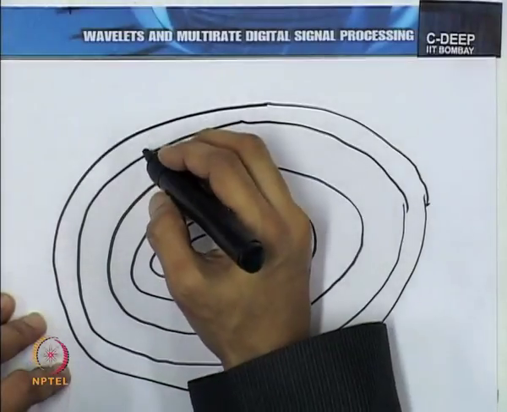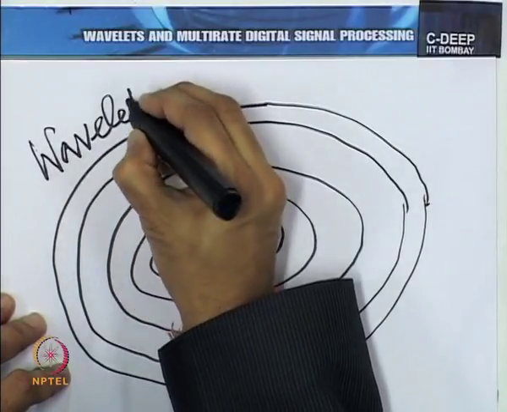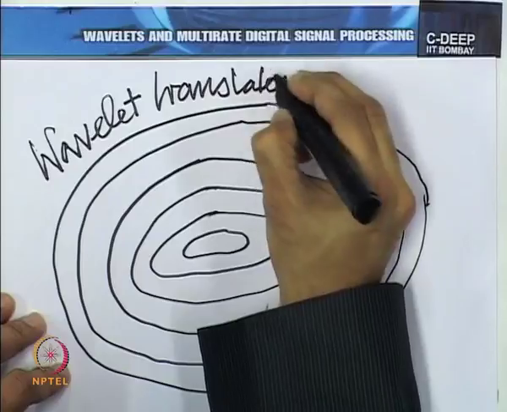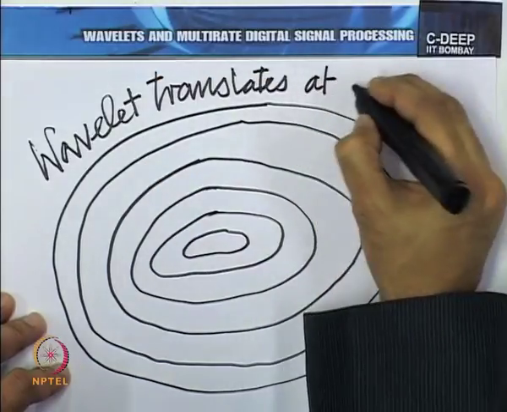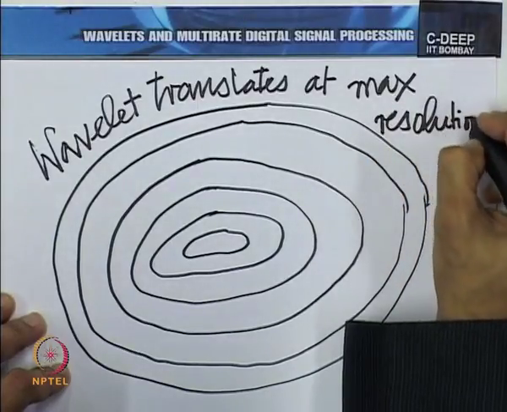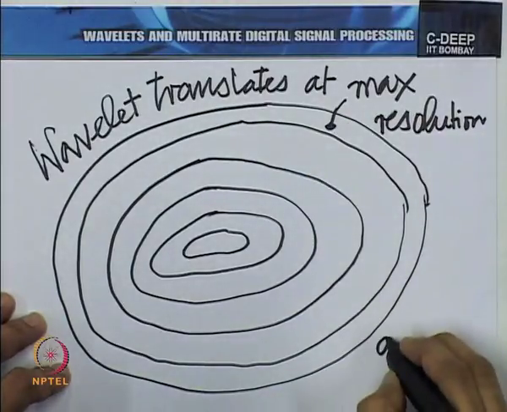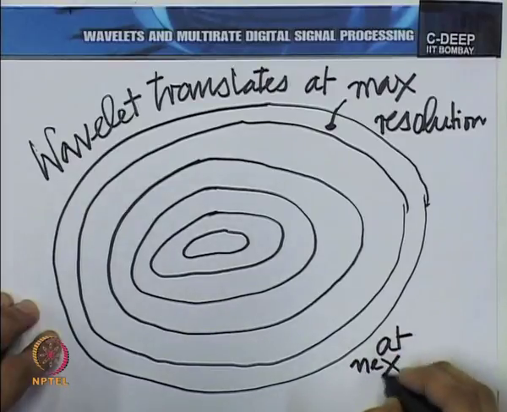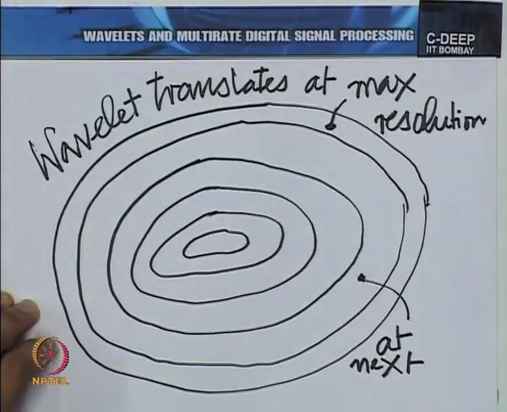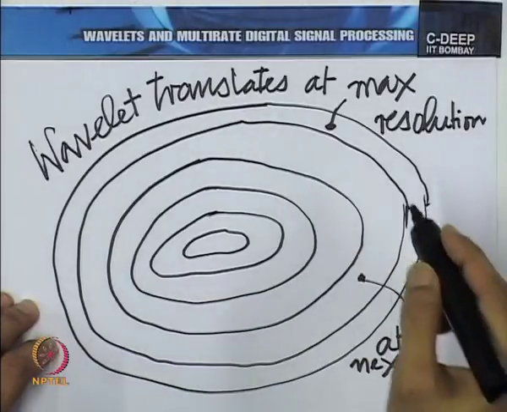So, the wavelet at the highest resolution, at max resolution, would essentially take out this. At the next resolution, it would take out this shell and so on. So, when you reduce the resolution, what you are doing is to peel off shell by shell.